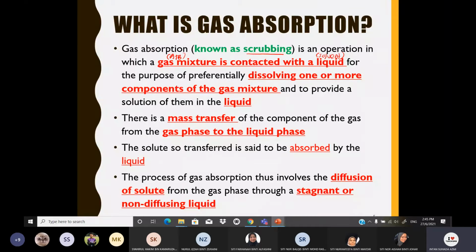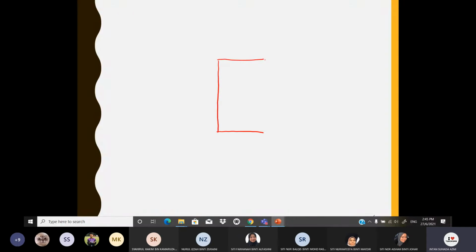Maybe you cannot see, it's okay, I will draw for you. For example, you have a tower. At the bottom, you will have a gas inlet, gas in.